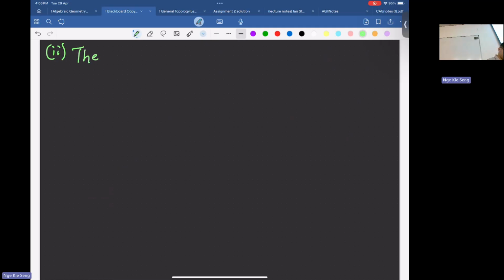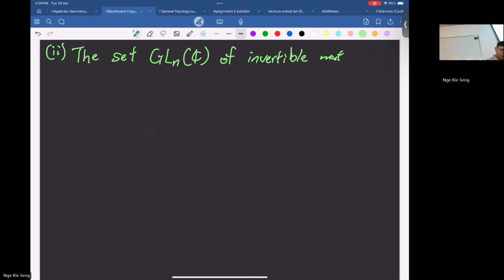Next, if you look at the set of invertible matrices, GL_n, this is also not an algebraic set.